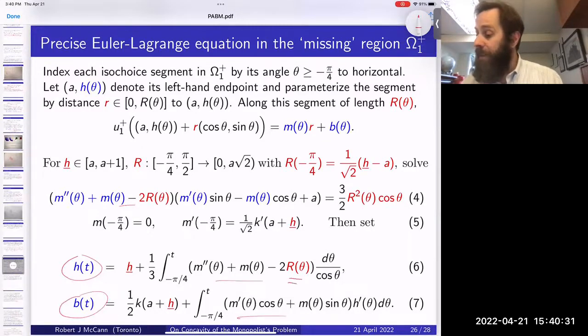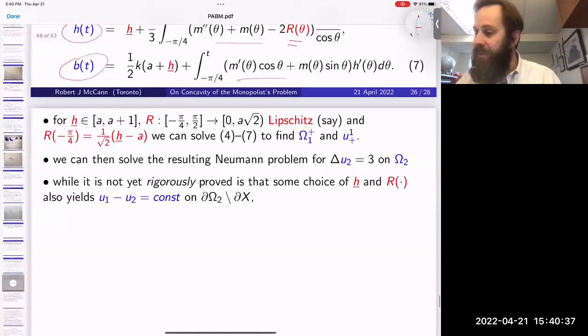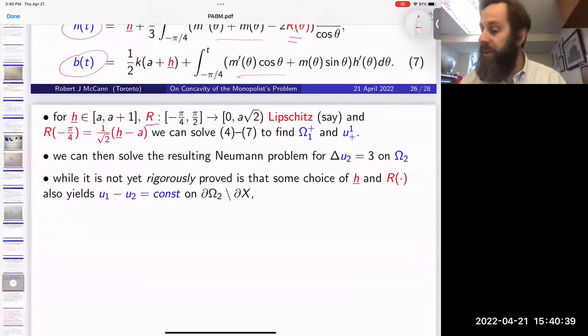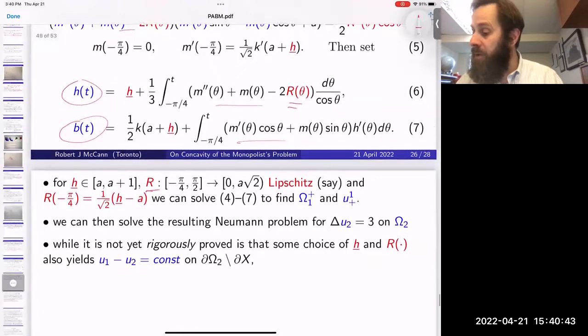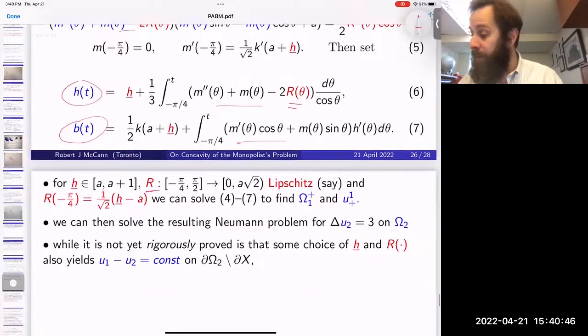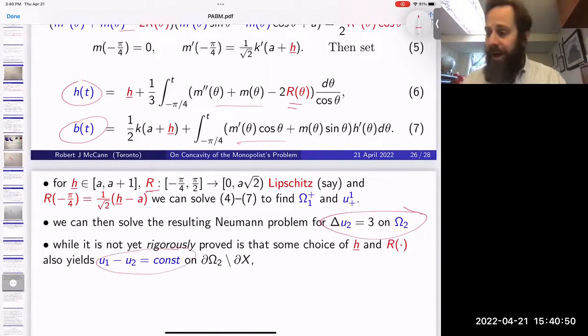But of course, everything depends on knowing R, and R is determined by a free boundary problem. So, if you imagine, for example, that you fix the Lipschitz R, then you can solve, let's say, the Neumann problem on omega 2, and then you can ask, is the Dirichlet problem really solved or not? And then the idea would be to vary R until solving the Neumann problem also solves the Dirichlet problem.